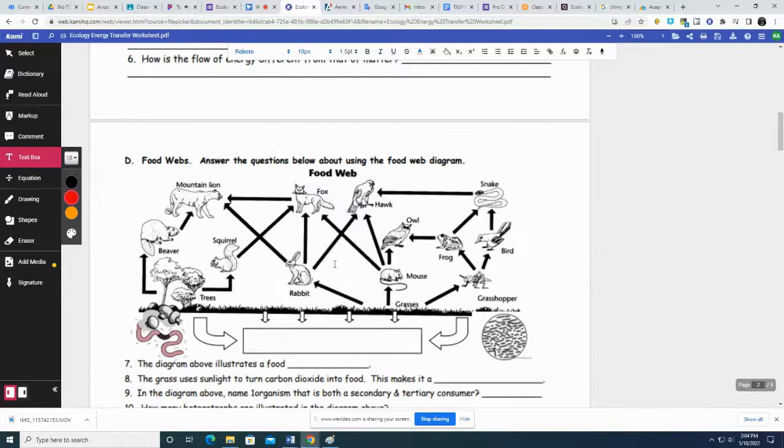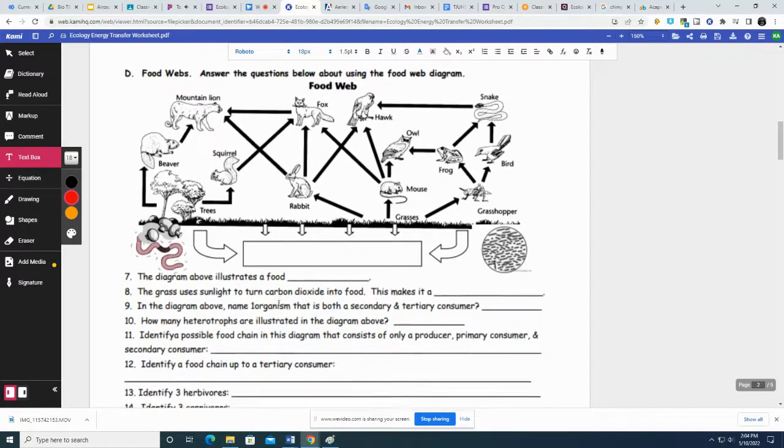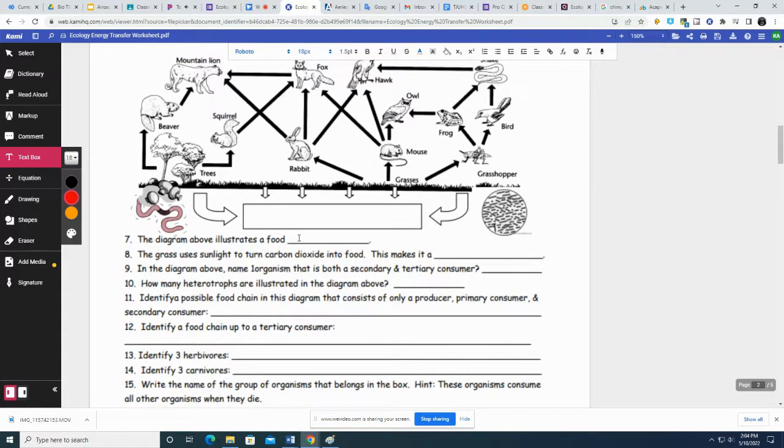Okay, and then here's a food web. Use this food web to answer these questions. The grass uses sunlight to turn carbon dioxide into food. Well, I'll do this one for you. That makes it an autotroph. Since it doesn't need to eat, it makes its own food. It's an autotroph or a producer, because it produces its own food.